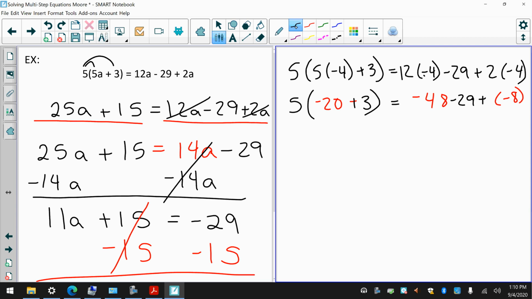Okay, so now it's already starting to look a little bit better. On the left side, my expression, I'm going to keep going inside of parentheses. So I have negative 20 plus 3, which gives me negative 17 times 5 equals, now I have only addition and subtraction left, so I'm going to go left to right. Negative 48 minus 29, negative 77 plus negative 8.